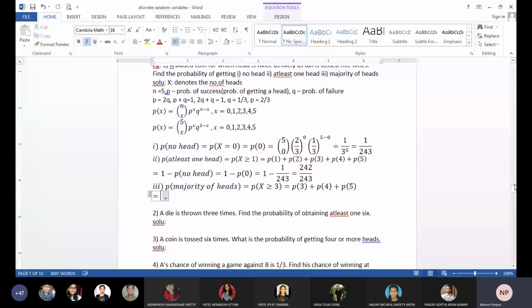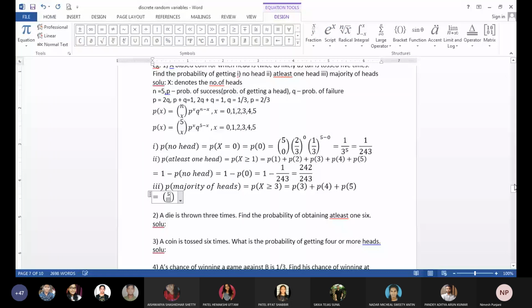So P of 3, what is P of 3? P of 3 is 5C3 P raised to 3 Q raised to 2. Okay.